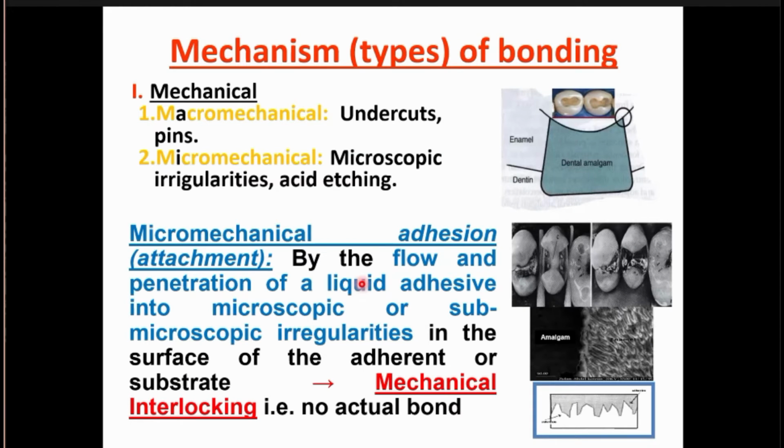Right. So this is important to understand what are the mechanisms or types of bonding, how we adhere our materials with tooth structure. So there are two major types. One is called mechanical and the other is called chemical.